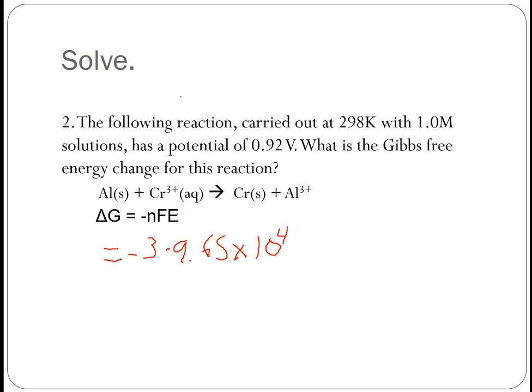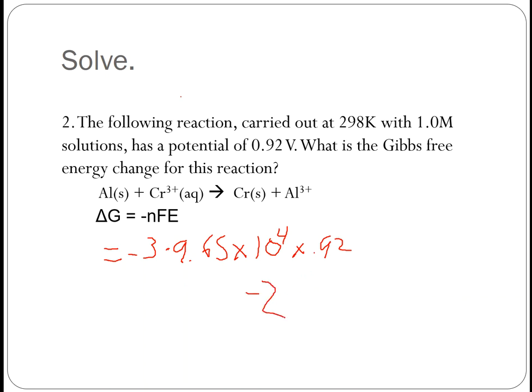And the electric potential for this particular reaction, if we made a cell from aluminum and chromium, is 0.92. So again, we just need to multiply all those together and we'll figure out the total overall Gibbs free energy change. Again, it's going to give us a value in joules per mole.